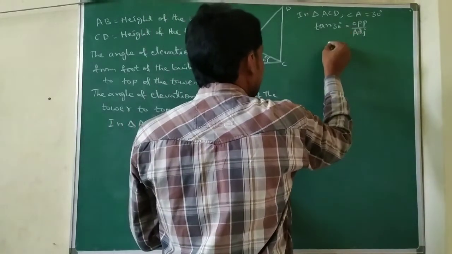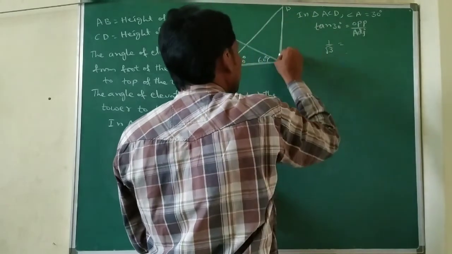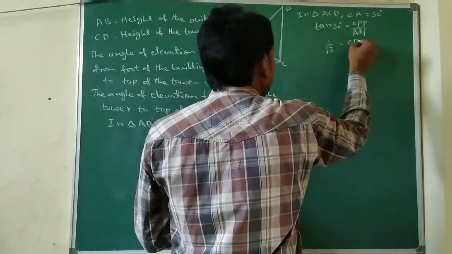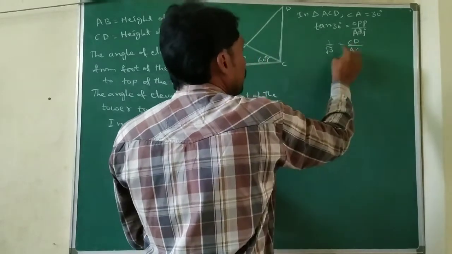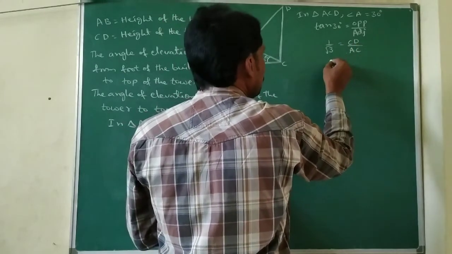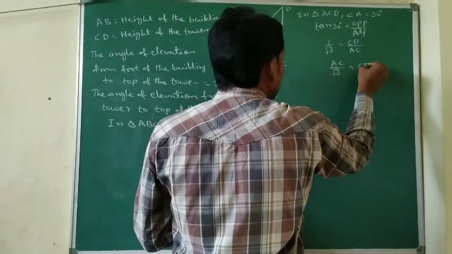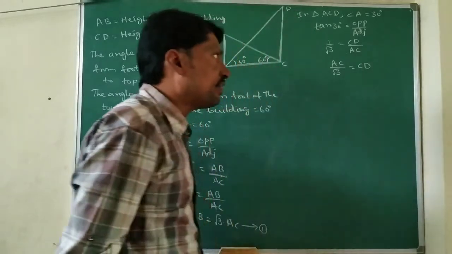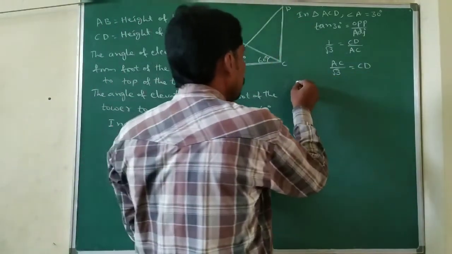Tan 30 is 1 by root 3. Opposite is CD, adjacent is AC. Now take the cross multiplication. AC by root 3 equals CD. CD is the height of the tower.